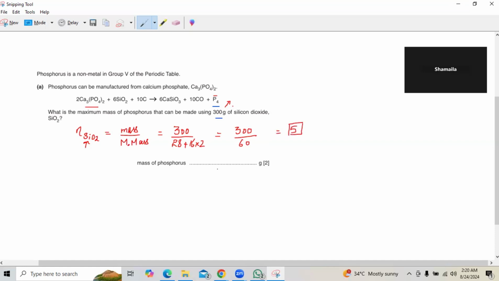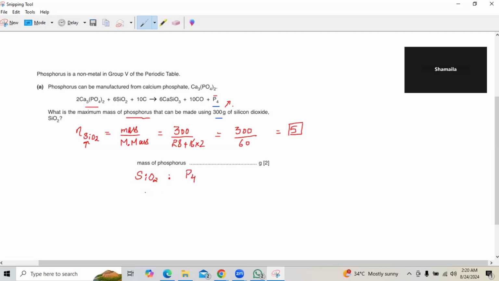Now we want to find out the mass of phosphorus. The one which is unknown, we are going to write on the right hand side. On the left hand side, we are going to write silica, whose moles are known, and we are going to write P4 here.